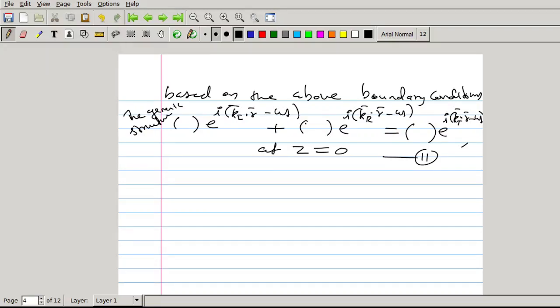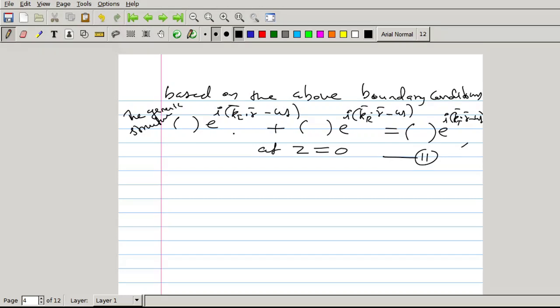In the parentheses there should be some constant terms which represent the amplitude and the electric and magnetic properties of the materials. This exponential term depends on k dot r, which means at different r you have different values for this exponential term.